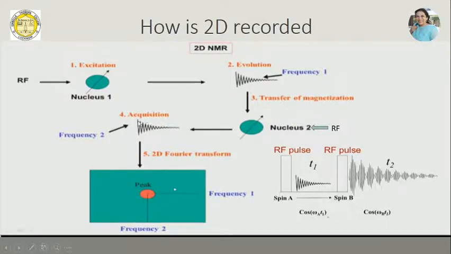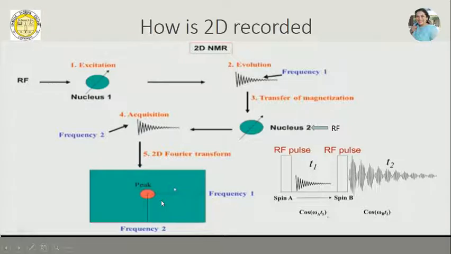Now again an FID is obtained, and at this stage we convert this FID from time domain into frequency domain. So once this is done, you can see there are two frequency axes, frequency 1 and frequency 2, and a peak is obtained.